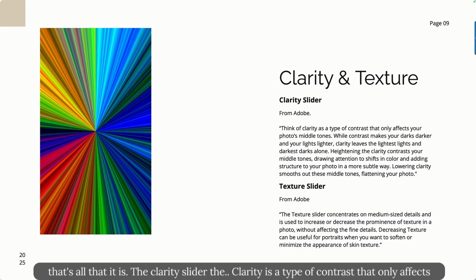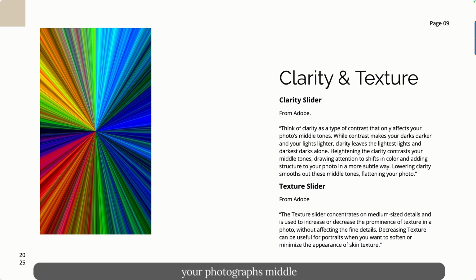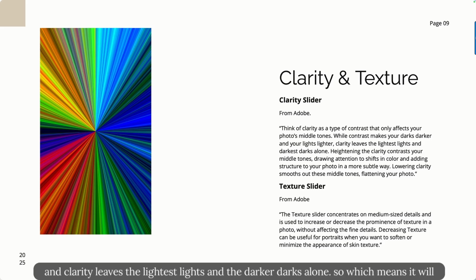The clarity slider: clarity is a type of contrast that only affects your photograph's middle tones. Clarity leaves the lightest lights and the darkest darks alone, which means it will not affect the white point or the black point.